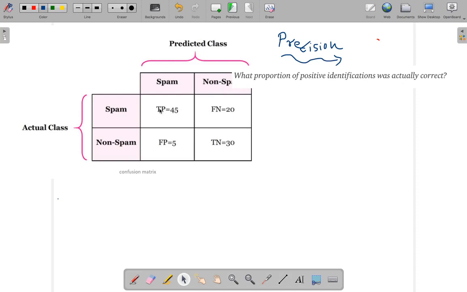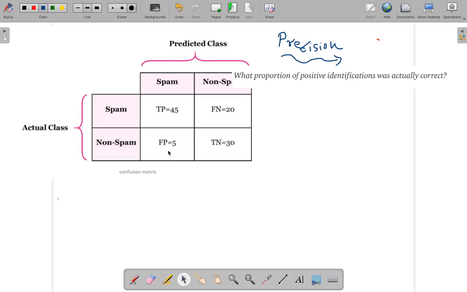So this is a positive identification, and this is also a positive identification. But you detect this as spam, and this is really spam, so that's correct. Whereas this is also a positive identification, but it's not correct.